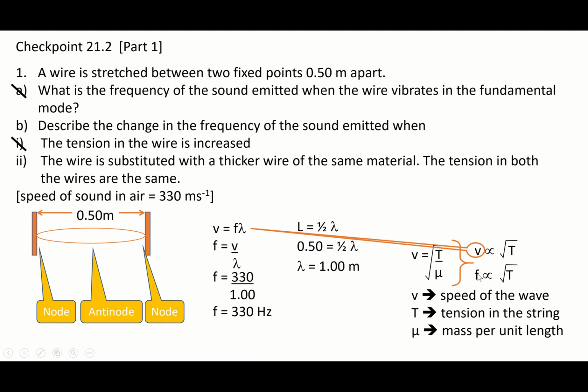Therefore, frequency is also directly proportional to the square root of tension. That means when T increases, frequency also increases.